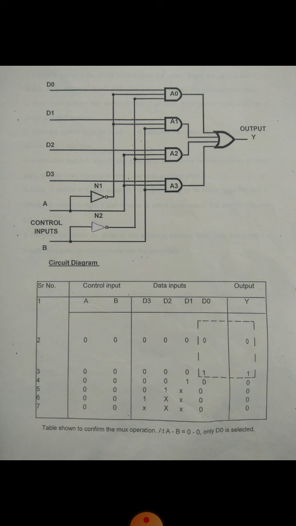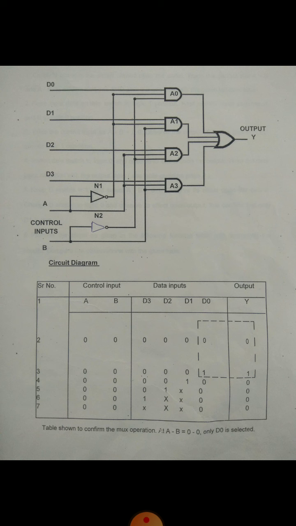But your D0 only, your select input D0, will be presented at output. You will get D0 at Y. When you check Y in your simulation, you will find that for AB 0 0 only D0 will be selected and appear at output. When D0 goes high, we will get a high output at Y.